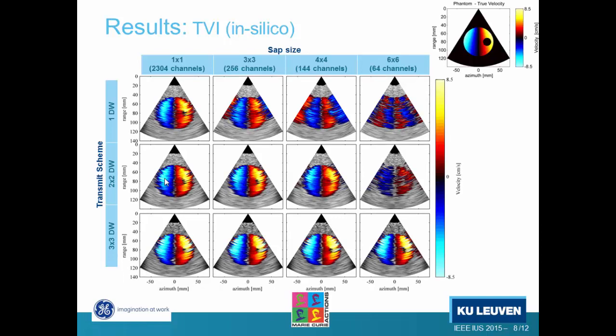We want to do TVI, so we have then plotted the tissue velocity maps, and we see the same effect. Here again, it's quite clear that we have grating lobes. For instance, in this region, we would expect a negative velocity, so blue, and what we see is red. And the reason is, when we want to reconstruct this line, our grating lobe will be here, and will be stronger than our main lobe.